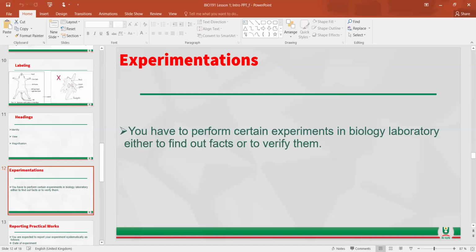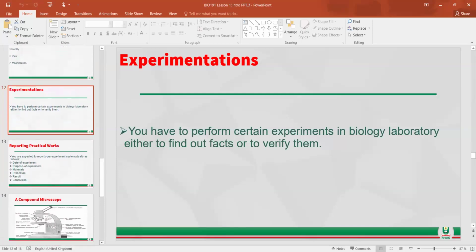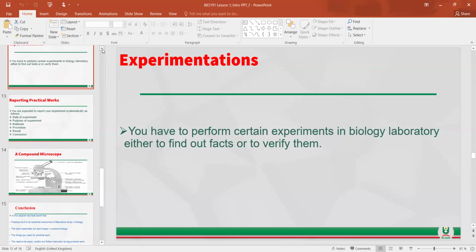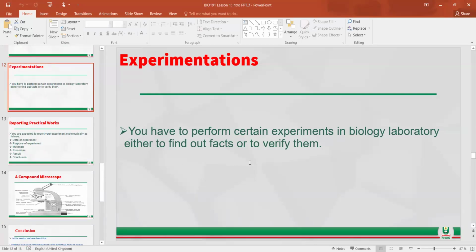And finally, we talk of experimentation. As I've already told us, there are times when we've got to be in the lab and perform experiments. Experiments can be to prove facts that already exist or to verify them.